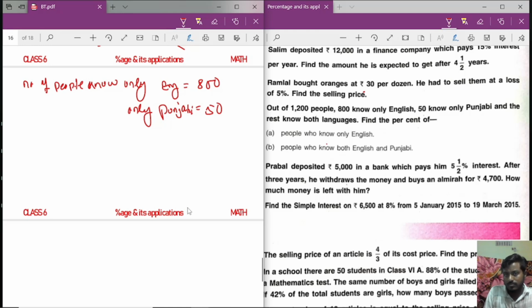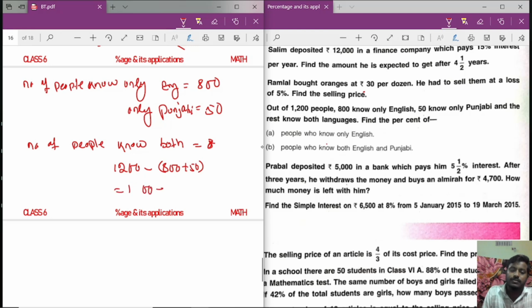Now the rest know both languages. So the number of people who know both languages equals total 1200 minus 800 plus 50, so 1200 minus 850, that is 350.